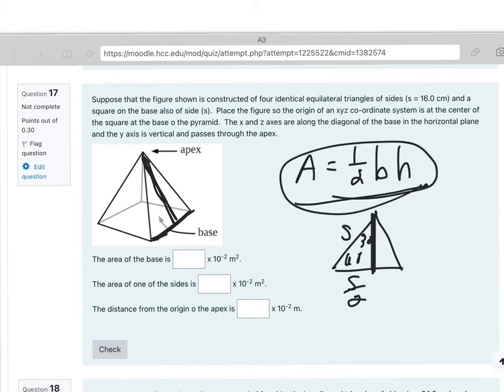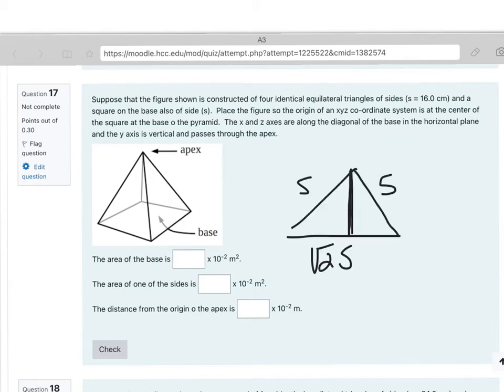So that's trig. And the distance from the origin to the apex, you got to draw that. So see if you can follow this. I'm going to slice it with a knife right down here along these two lines and right across the diagonal. So I cut this in half. And then when I look at the flat half, I see this side and that back side, S and S, and I see the diagonal is the base.